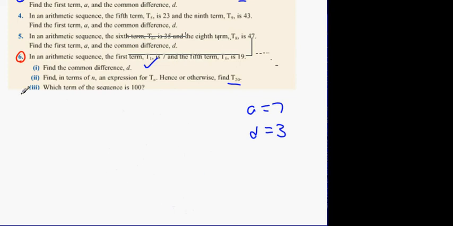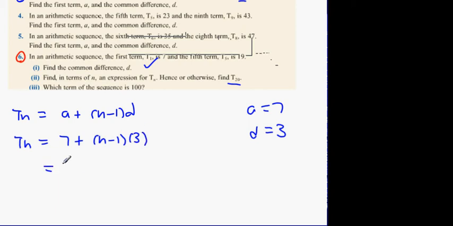So Tn equals A plus n minus 1 times D. Tn therefore is A, which is 7, plus n minus 1 times 3. 7 plus 3n minus 3. Then what we're going to get next is 3n and then plus 4. So Tn equals 3n plus 4.